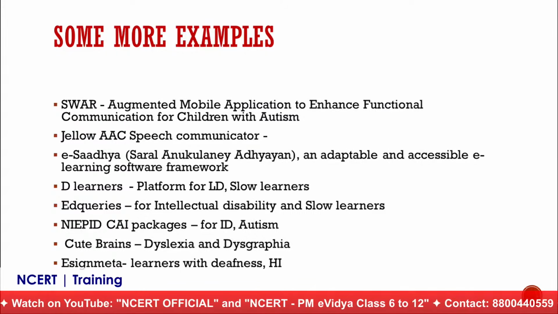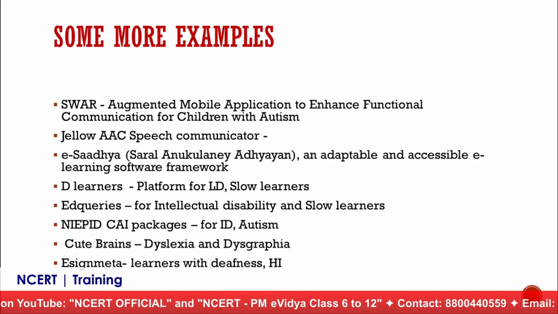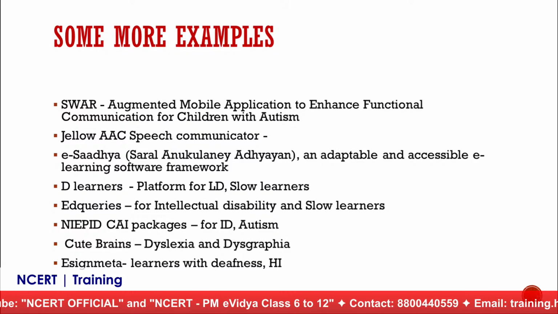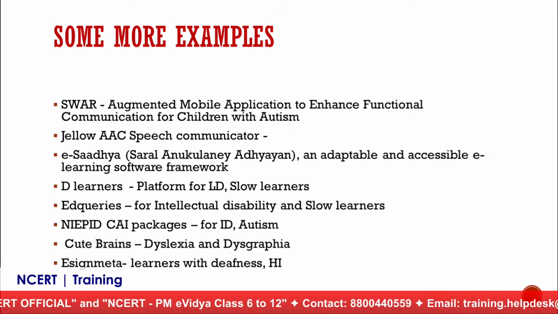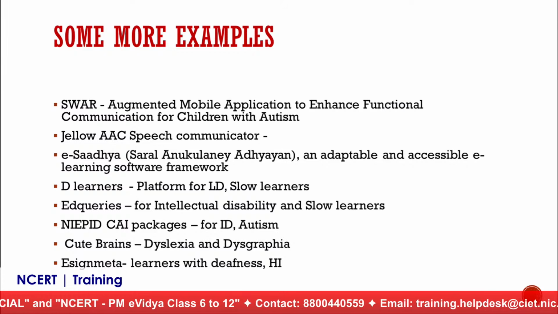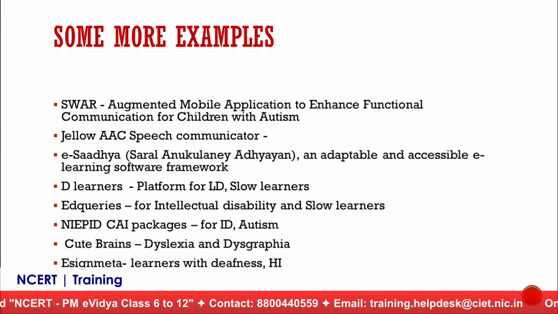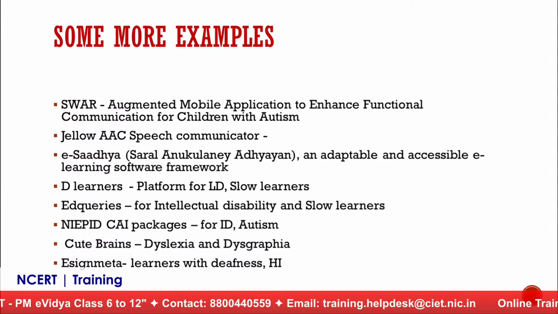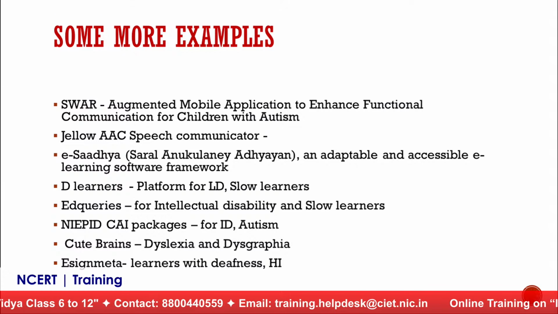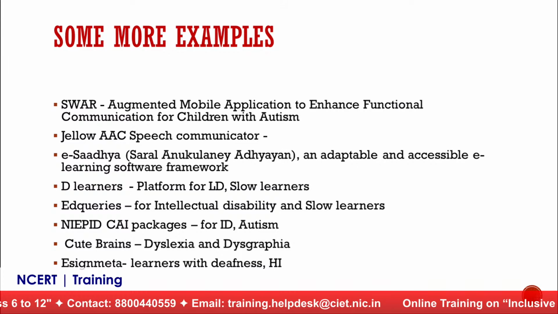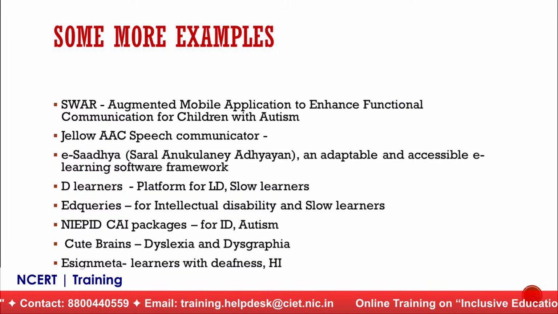So all the CBSE curriculum, the NCERT textbooks, the exercises, they tried in a very nice way to explain using the Indian Sign Language. So these are some examples of educational assistive technologies.